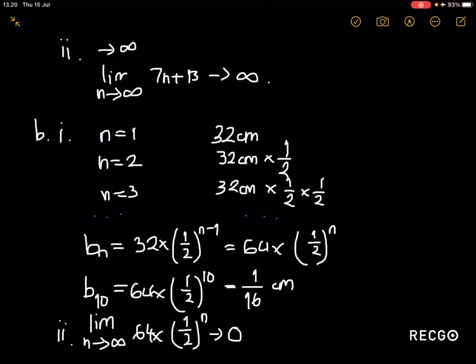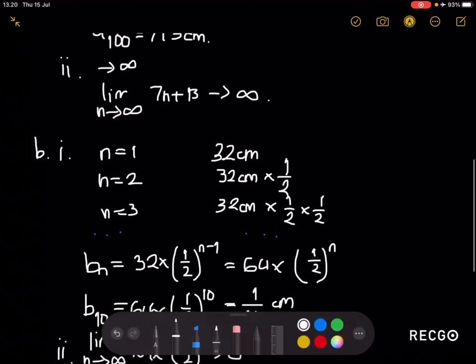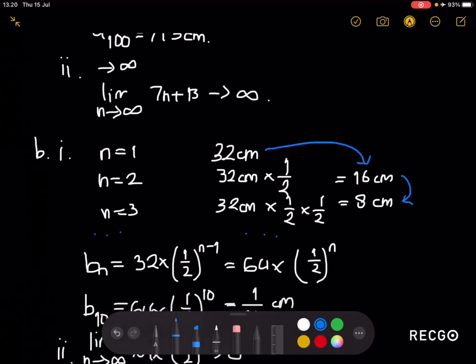To solve this in a non-calculus way, notice that we start at 32, then there will be 16 centimeters, then 8 centimeters, and essentially the length of the rungs decreases. One thing to notice is that the lengths of these rungs will never be negative, in other words, they'll be positive. So we can say that b_n is always positive for all natural numbers n, because obviously in Euclidean geometry we cannot have negative lengths.